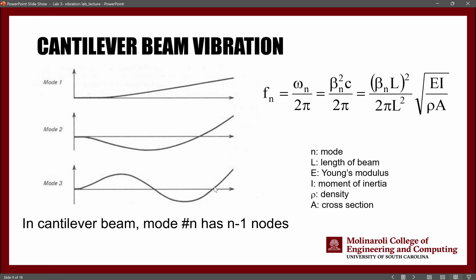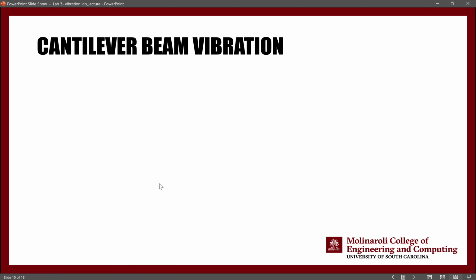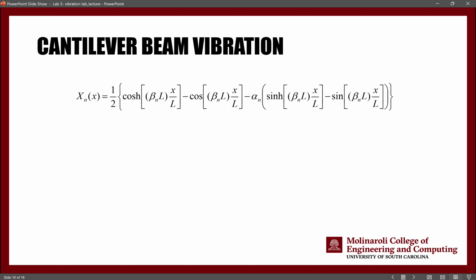Like in this case, let's say this is 1 meter. The location x of the node, where x of n is 0, is going to be, let's say, 90 centimeters and 50 centimeters, for example. So you calculate this using this equation, and you compare the values to the experimental values that you have gathered from the experiment for these exact points.